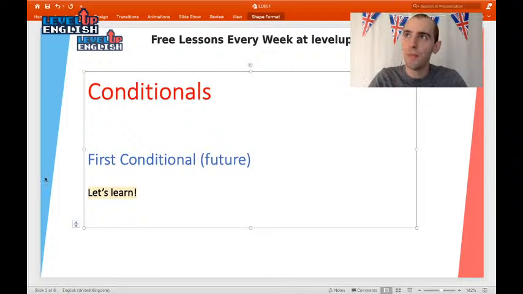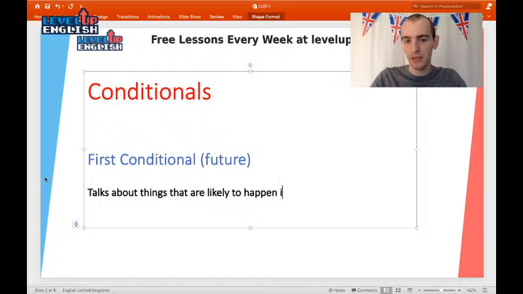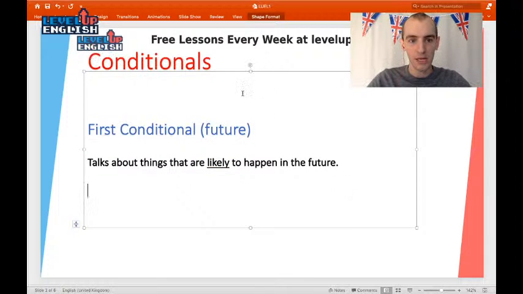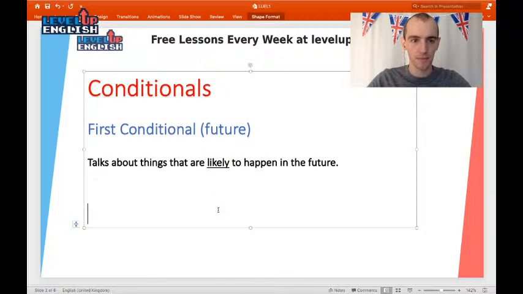So the better description would be, it talks about things that are likely to happen in the future. So likely, that's the key word. Probably will happen. And we do use the word will to talk about this.